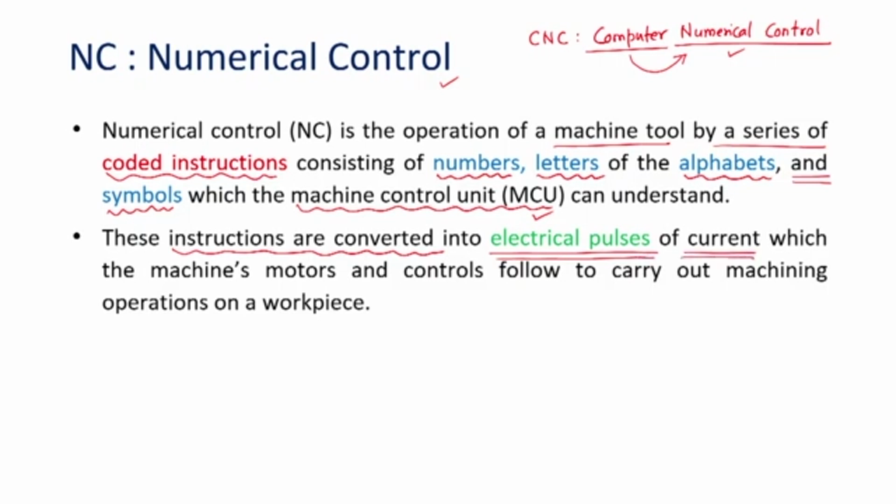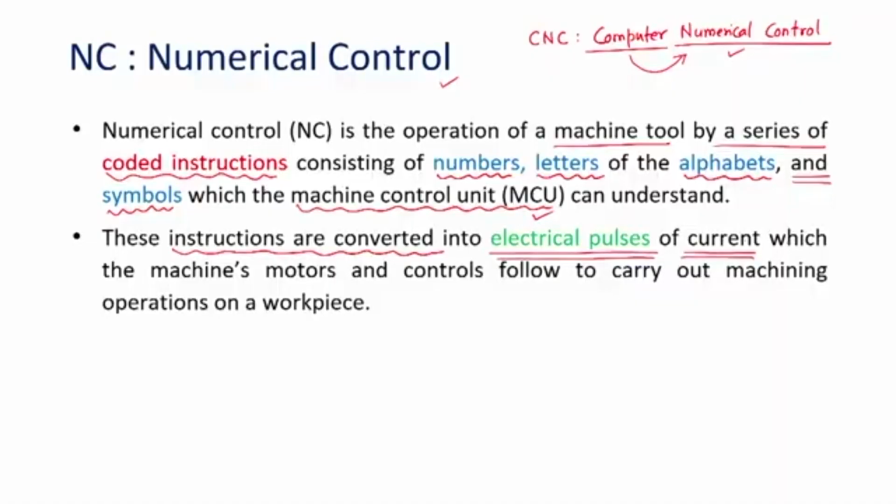If you look at CNC machine tools, they are equipped with DC motors or AC motors. To operate these electric motors, we need to generate electrical pulses, and these electrical pulses are based upon the coded instructions given by the controller. The electrical pulses of current are what the machine's motors follow to carry out machining operations on the workpiece.